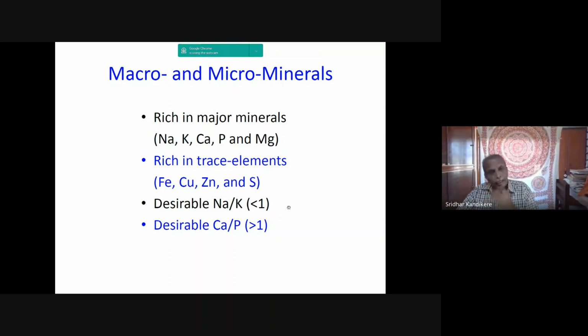For example, we cook the mushroom with a lot of water. What happens? All these minerals will drain away, and therefore we will not get sufficient minerals from the mushroom. Therefore, the water should be limited, and it may be steamed, or limited water can be added while cooking the mushrooms.